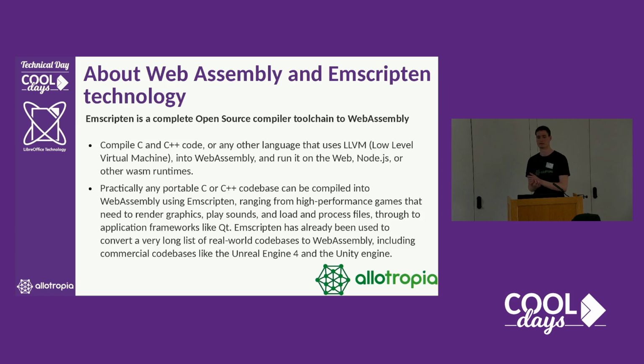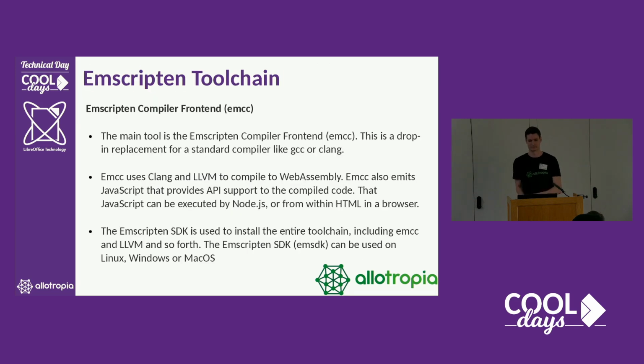Its default output format is WebAssembly, a highly optimizable executable format that runs almost as fast as native code by being portable and safe. And Emscripten does a lot of optimization work for you automatically as well, by carefully integrating with LLVM. The main tool is the Emscripten compiler frontend.